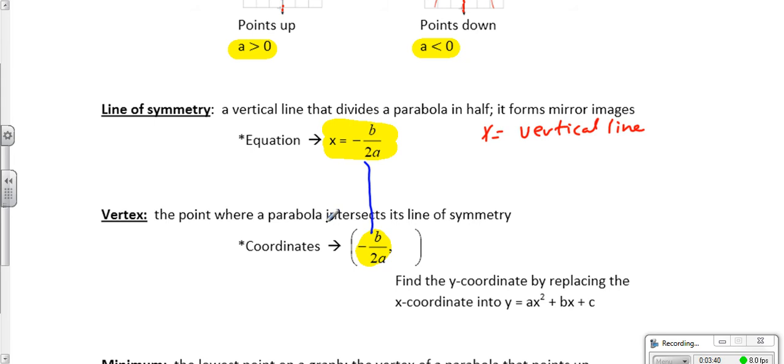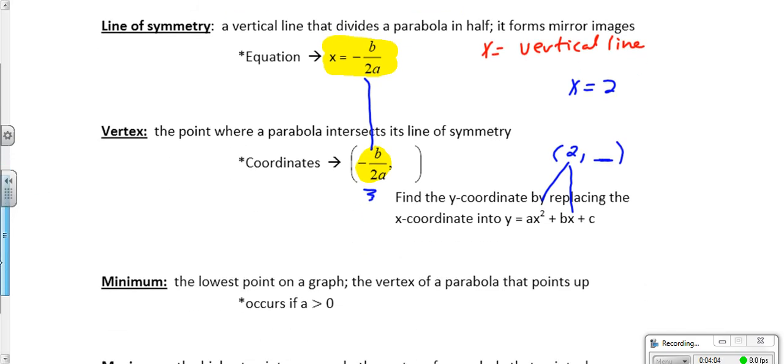To find the y value of this coordinate, all we need to do is plug in whatever the x is. So if I said that x equals 2, if we say that's the line of symmetry, then the 2 will be the x value of the vertex. Then we take that value and plug it into the equation, and if we do that, we will get the appropriate y. And we're going to go through examples like that.